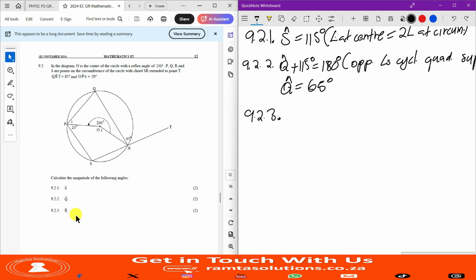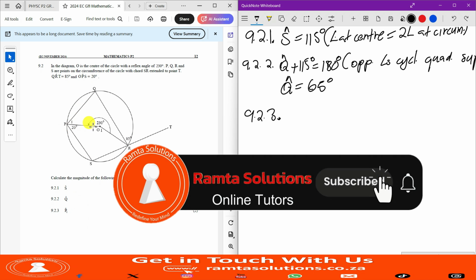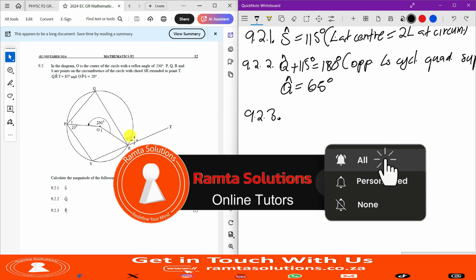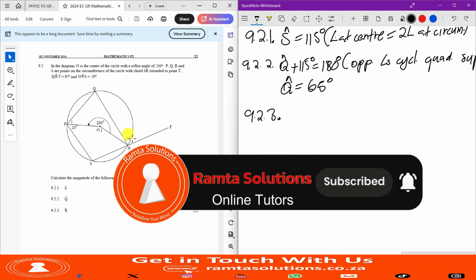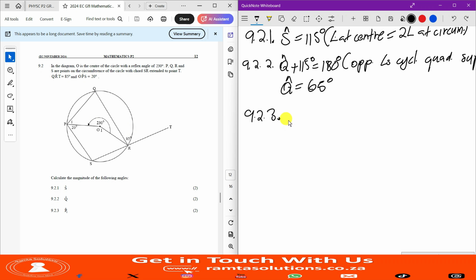Now, 9.2.3, we are looking for angle P1. PQRS is a cyclic quad, and angle QRT is an exterior angle. So angle P1 plus 20 degrees must be equal to 85 degrees. Why?